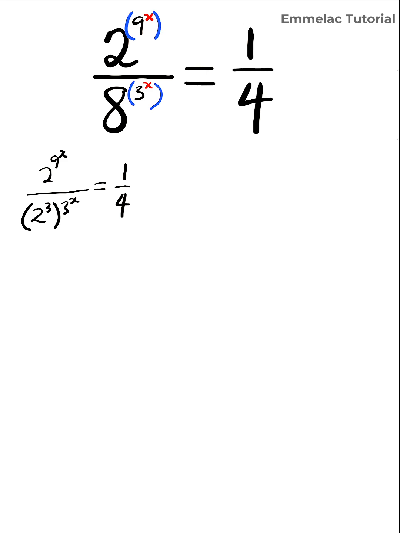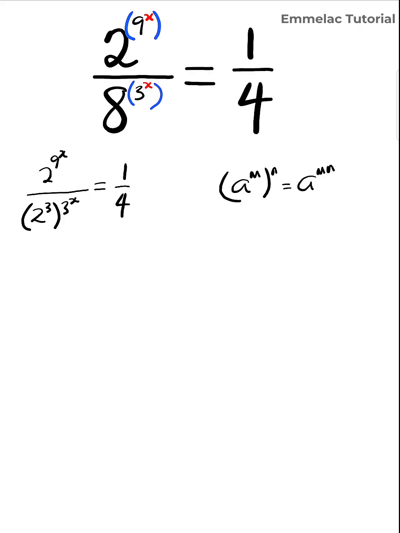Let us recall that according to the law of indices, when you have a raised to m, raised to n, this gives us a raised to mn. But there's something we need to be careful about. If you take a look at this exponent here, you will notice that it has the same base but different exponents.